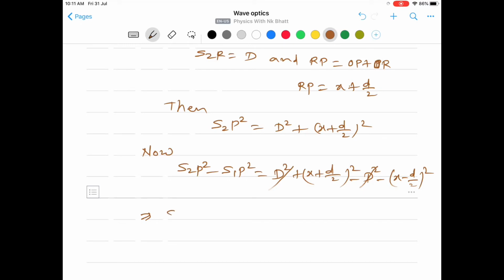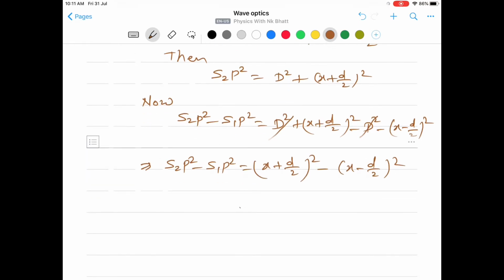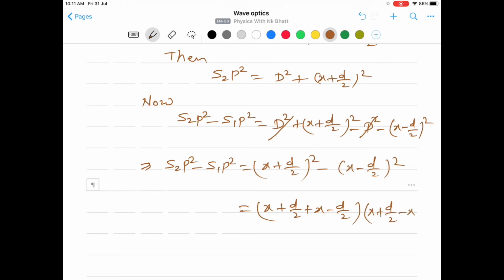Then what will be left? S2P square minus S1P square is equal to (x plus d by 2) square minus (x minus d by 2) square. If you deal with the right hand side by using the identity a square minus b square, you would get (x plus d by 2 plus x minus d by 2) and (x plus d by 2 minus x plus d by 2).